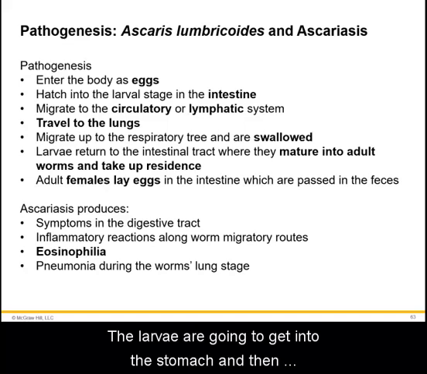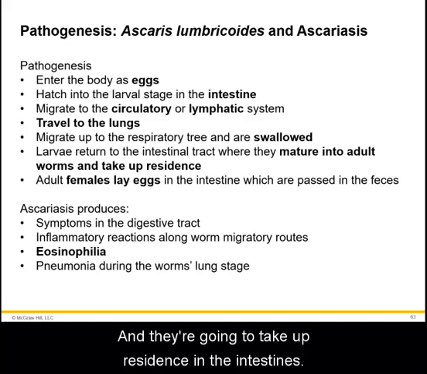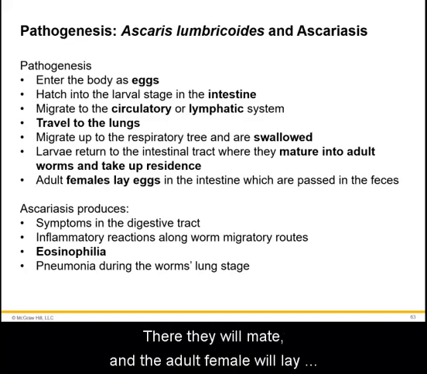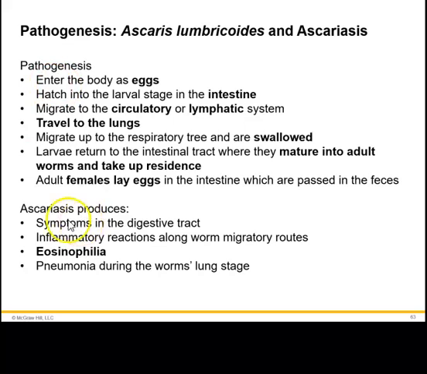The larvae are going to get into the stomach and then down into the intestinal tract, where they then mature into adult worms, and they're going to take up residence in the intestines. There they will mate, and the adult female will lay eggs in the intestine, which then get passed along with the feces.